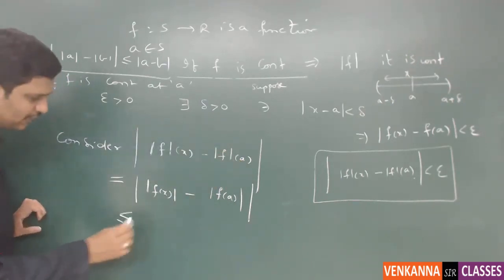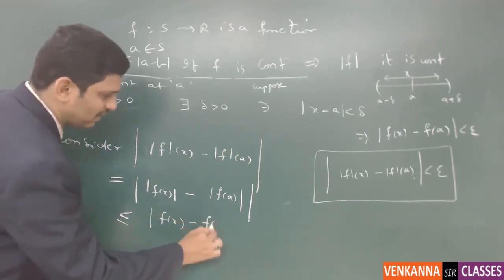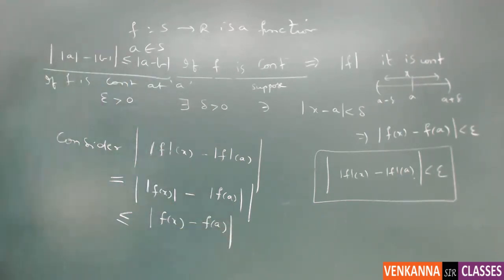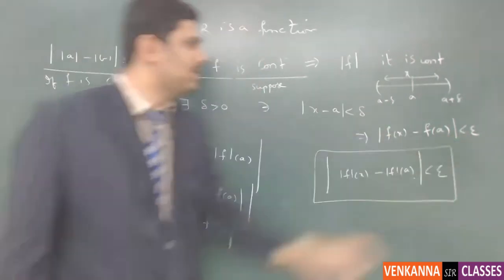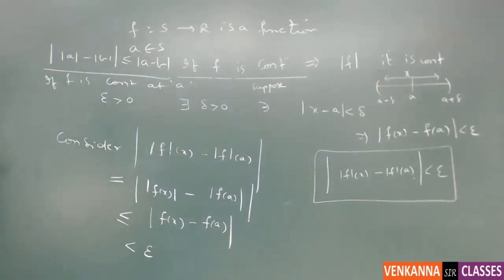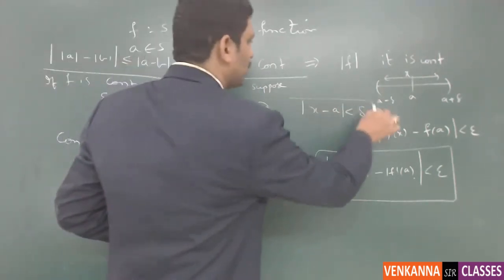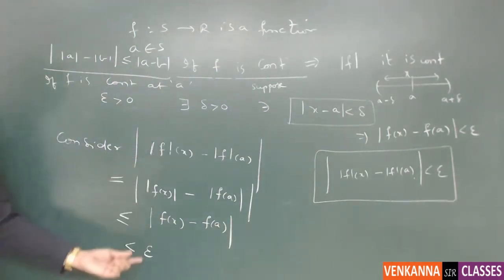So this is less than or equal to modulus of f of x minus f of a. And as per our assumption, this is less than epsilon. Therefore, whenever you choose x in the neighborhood of a, if you consider this value, it becomes less than epsilon. Therefore, mod f is continuous at a.